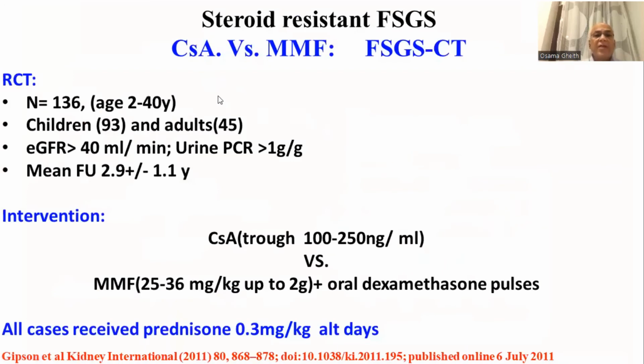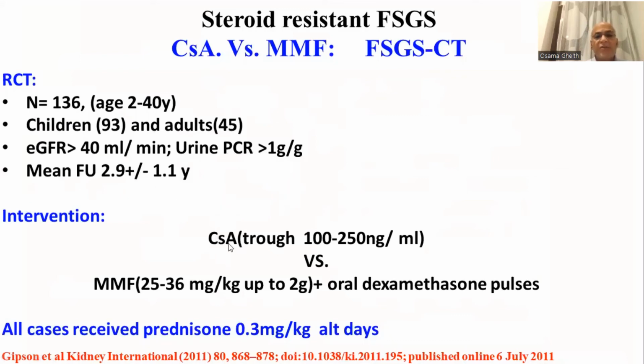What about cyclosporin versus MMF? The FSGS CT study was a randomized controlled trial including 136 patients. Most of them were children with eGFR more than 40 and urine proteinuria more than 1 gram per gram creatinine, and a follow-up of about 3 years.